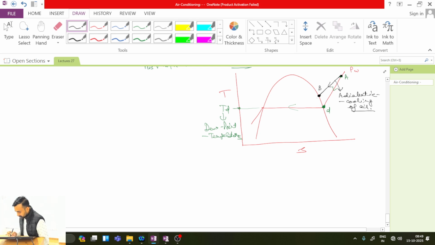Now, the temperature at point B is what is called the adiabatic saturation temperature. What do we call this? Adiabatic saturation temperature. And this is also called the wet bulb temperature.